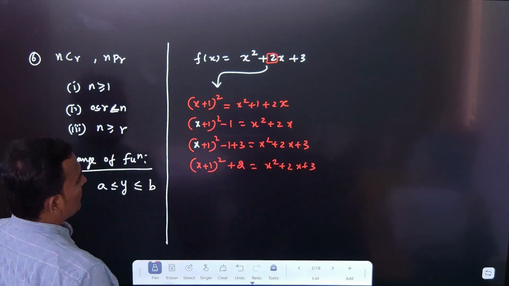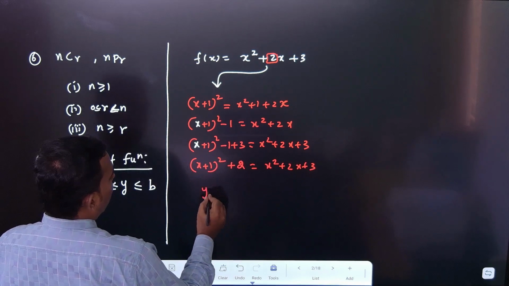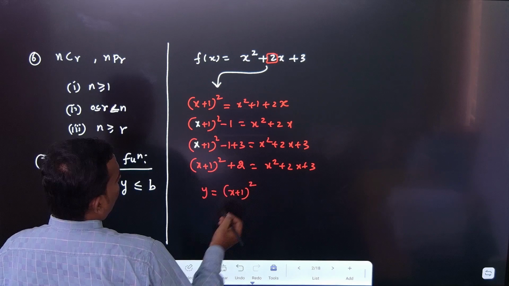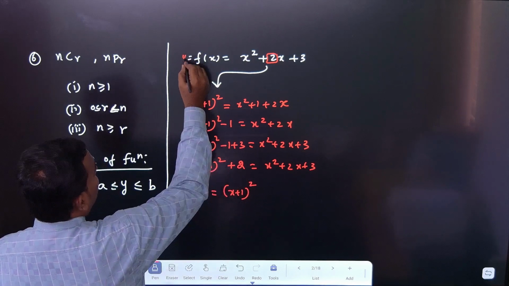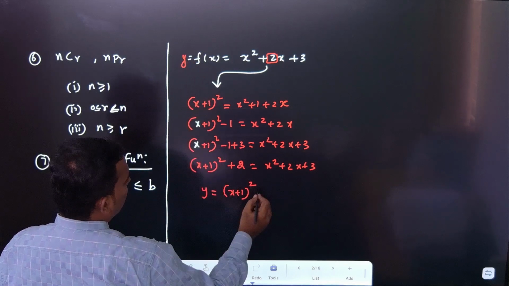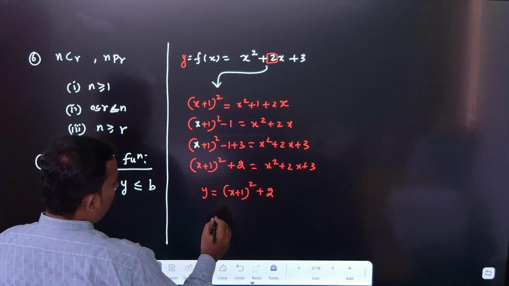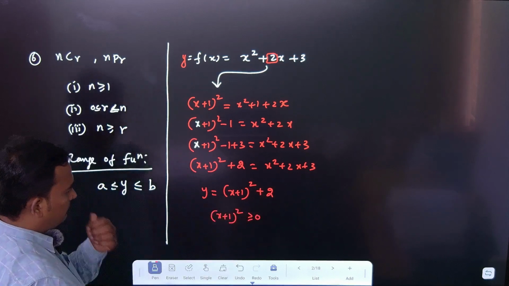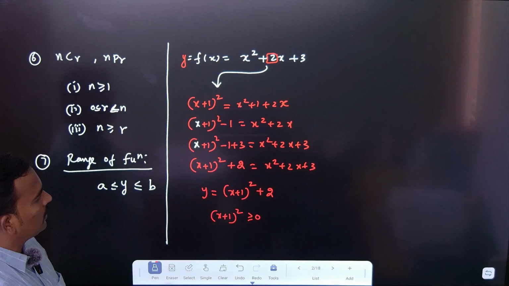Clear? So y you can write as x plus 1 whole square plus 2. But you know that x plus 1 whole square is always greater than or equal to 0. Got it?